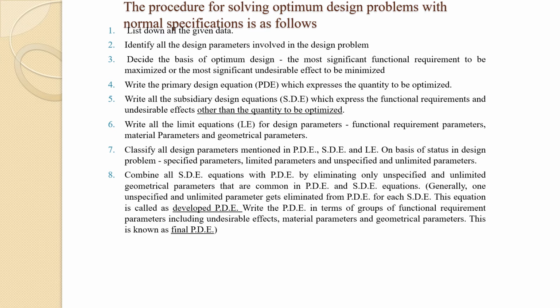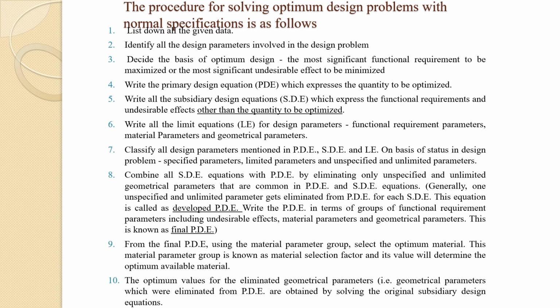Then combine SDE with PDE. Generally, one unspecified and unlimited parameter gets eliminated from the primary design equation for each subsidiary design equation. This equation is called the developed PDE, that is the developed primary design equation. Write the PDE in terms of a group of functional requirement parameters including undesirable effect, material parameters, and geometrical parameters. This is known as the final primary design equation.